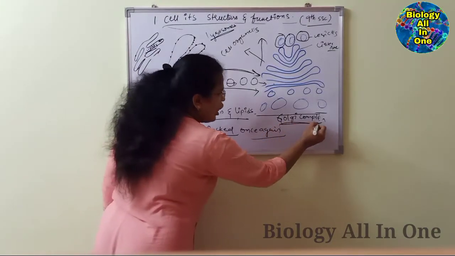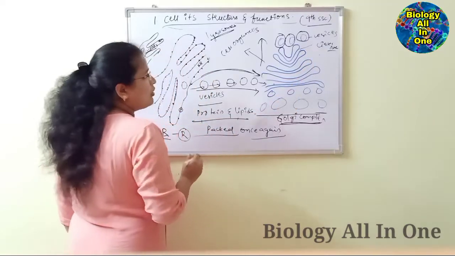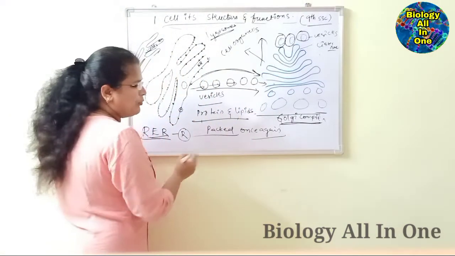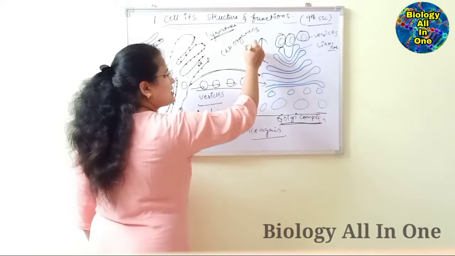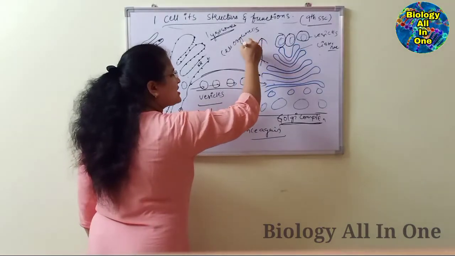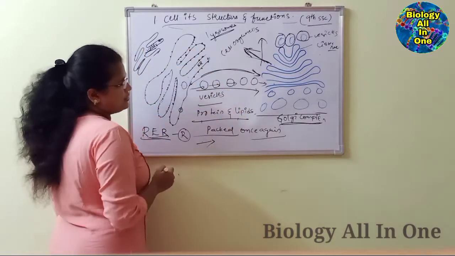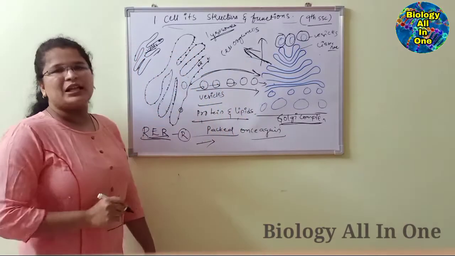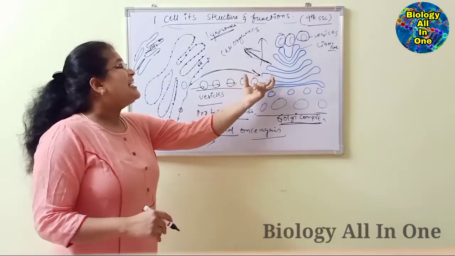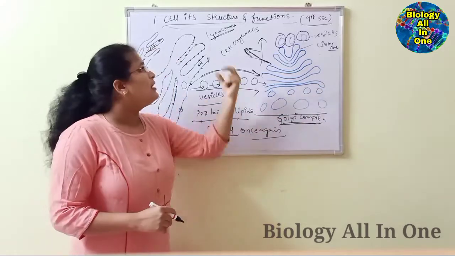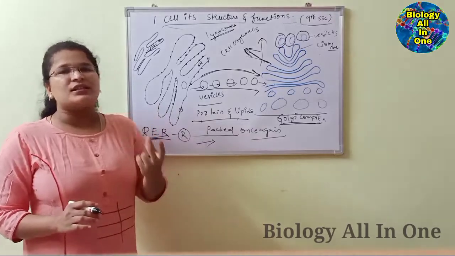Here, what is the function of the Golgi complex? It contains vesicles, cisternae and so on. Here, packing of the substance happens once again. Whatever the packed components are, if they are necessary inside the cell, they will be transported to the cell organelles where they are needed. If they are not necessary to the cell organelles, they will even be pushed out of the cell, and it will also form the lysosomes, which contain 60 different destructive enzymes.